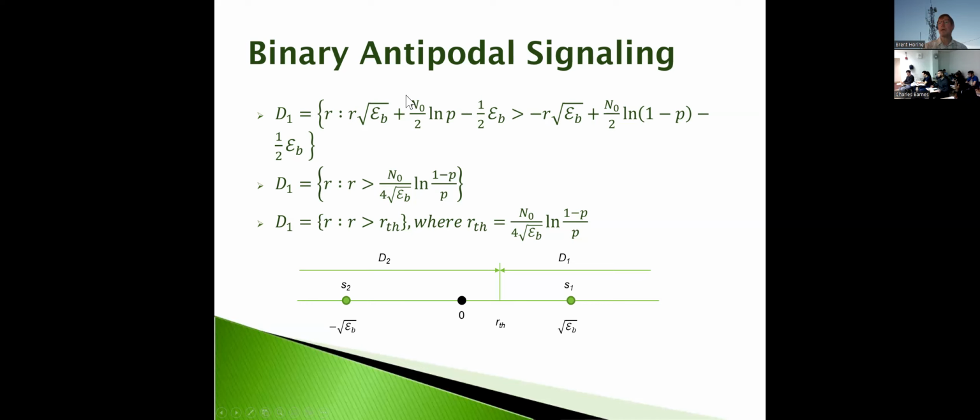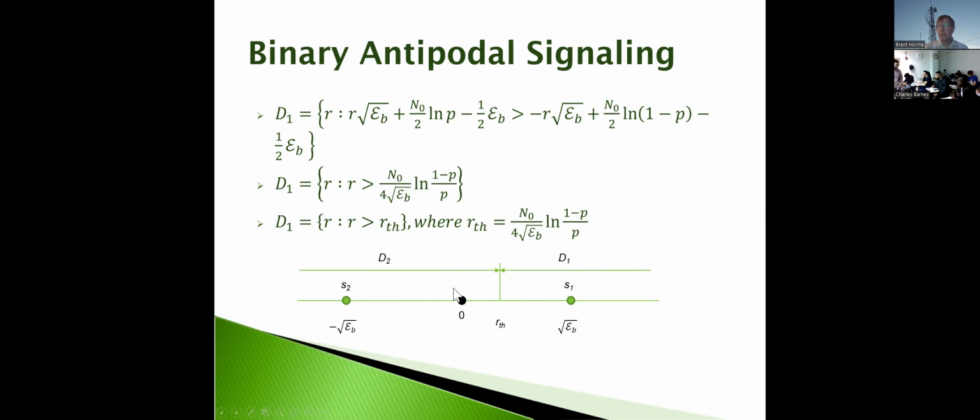So all we're doing is canceling these E sub B's here and rearranging some terms to end up with this relationship here. Now we'll define that as a threshold. We'll call this R_TH, and then we'll create this diagram down here.